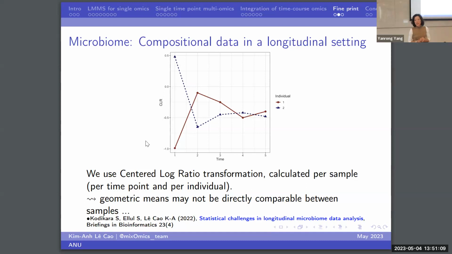Here is a plot of the CLR transformation of the abundance of one taxa for two individuals across time. The CLR transformation is where you divide by the geometric mean, but those means may not be the same from one individual to another, or from one time point to another. So there are a lot of issues when you compare across time, because you ask yourself, is it really comparable?